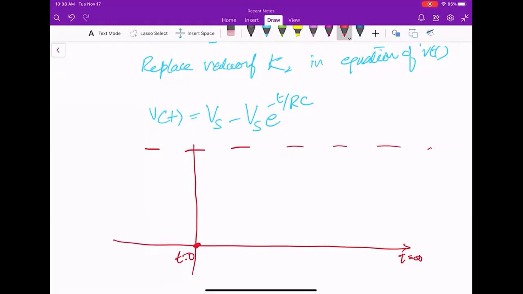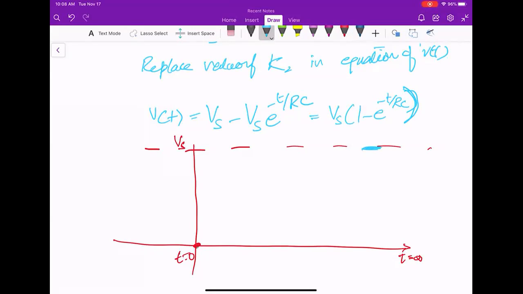Yeah, Vs, or K1. Vs, right? Which is K1, right? So this is your final value here.